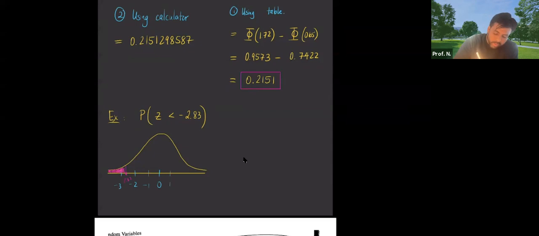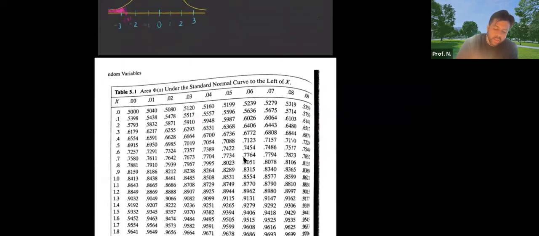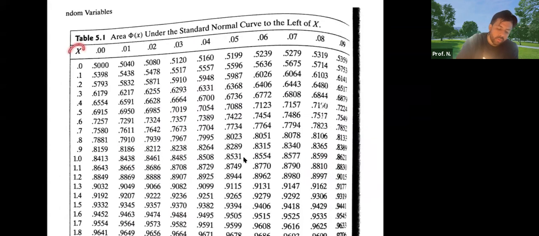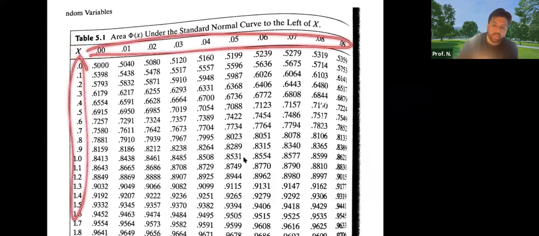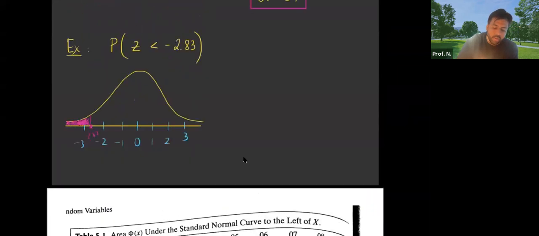And now what's the issue? The issue is that the values for the standard normal random variable are all positive. These are all positive. But I want to find the probability or the area underneath the curve when the z value is less than a negative number.